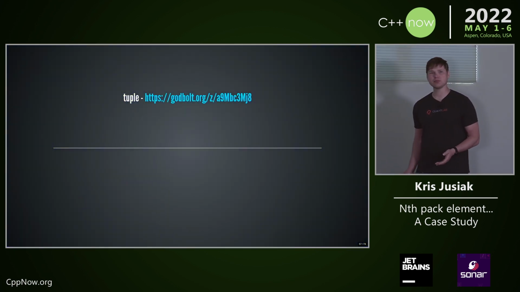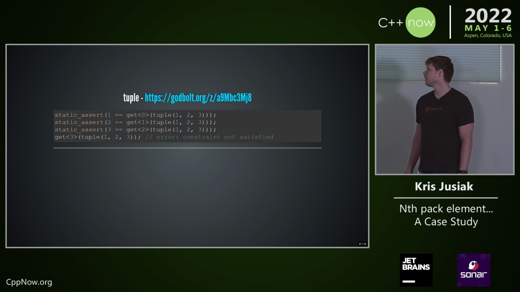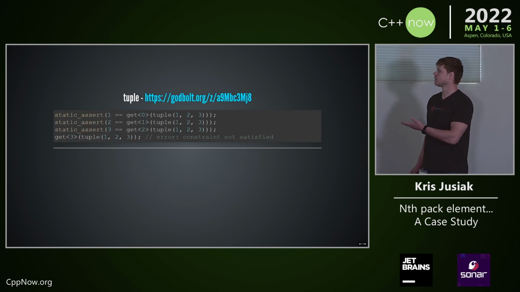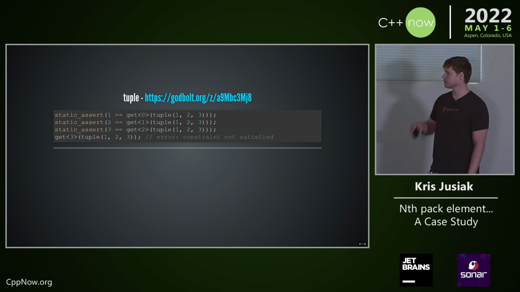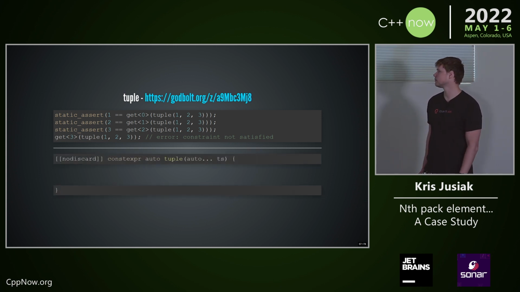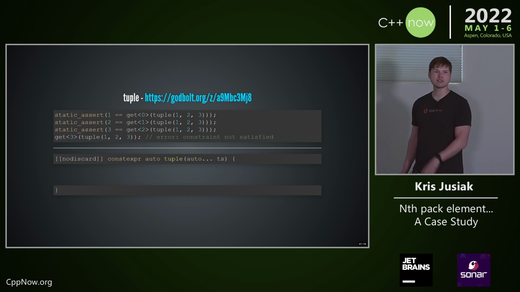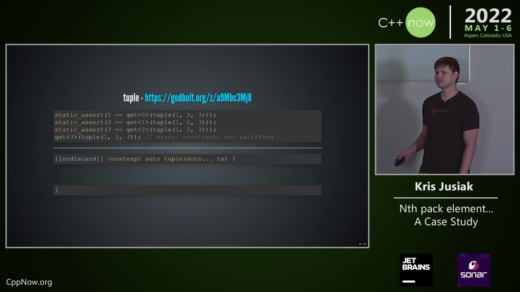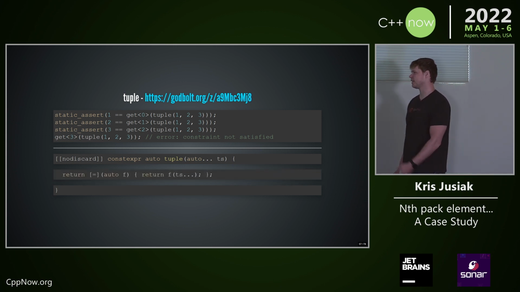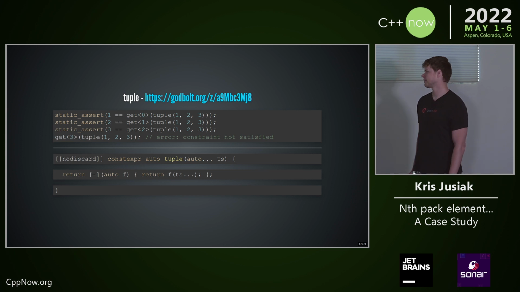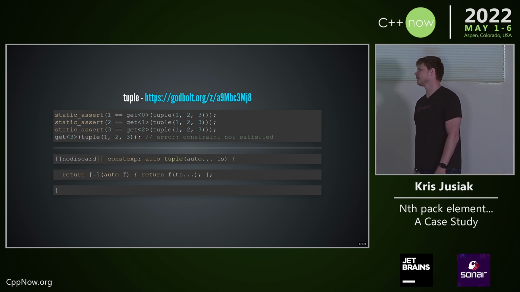So let's implement a simple tuple, which will satisfy all requirements for getting the nth element out of it. That's how we'll interface with it. It's basically the same interface as std::tuple has. Any ideas how we can simply implement the tuple, like with a one-liner? Capture in a lambda. Yeah, exactly. We capture in the lambda, and that's the simplest tuple.